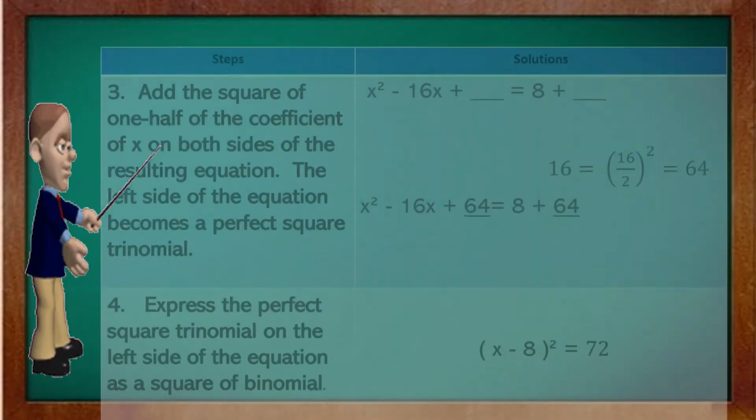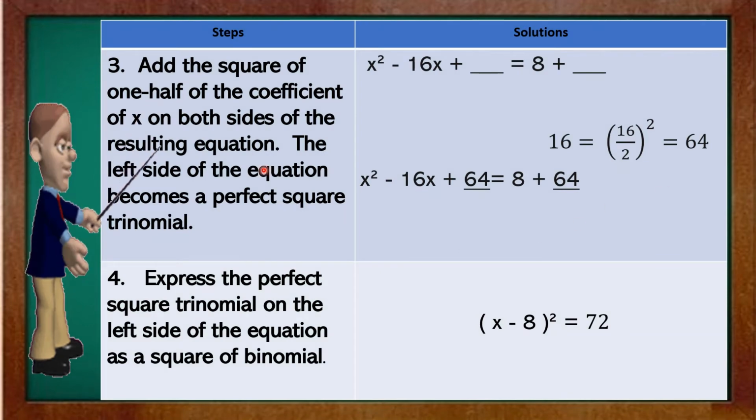Step number 3 is add the square of 1/2 of the coefficient of x on both sides of the resulting equation. The left side of the equation becomes a perfect square trinomial. So you will write first x squared minus 16x plus blank is equal to 8 plus blank. So what must be added? It is said in step number 3 that you will get the coefficient of x.